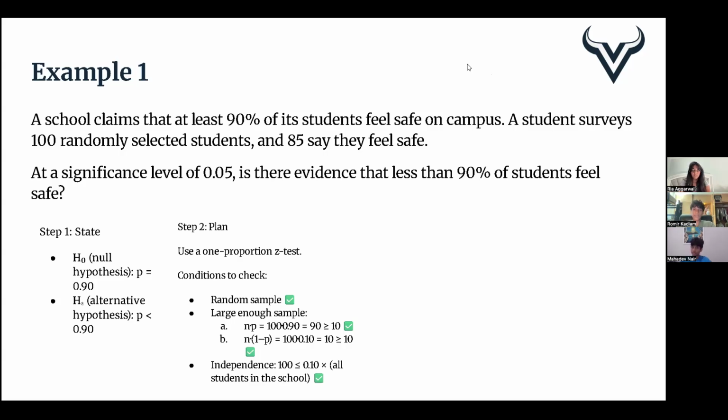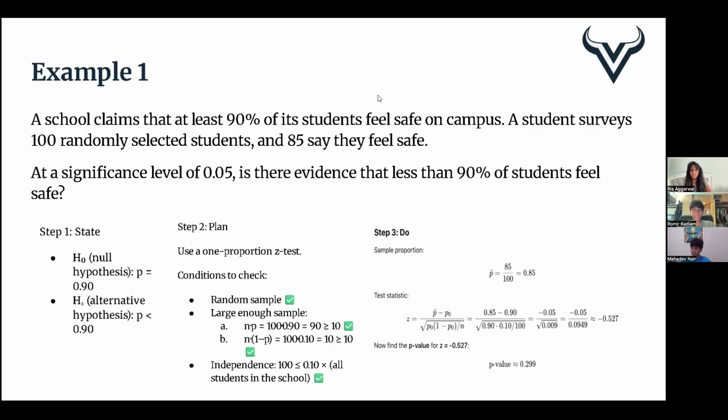Next, we check if the sample is large enough: the sample size times the proportion is greater than 10, and the sample size times 1 minus the proportion is greater than 10. These are both true, so our sampling distribution is approximately normal. We also have to check independence. The 100 students represent less than 10% of the total school population, so this condition is satisfied. Since all conditions are met, we can proceed with the one proportion z-test.